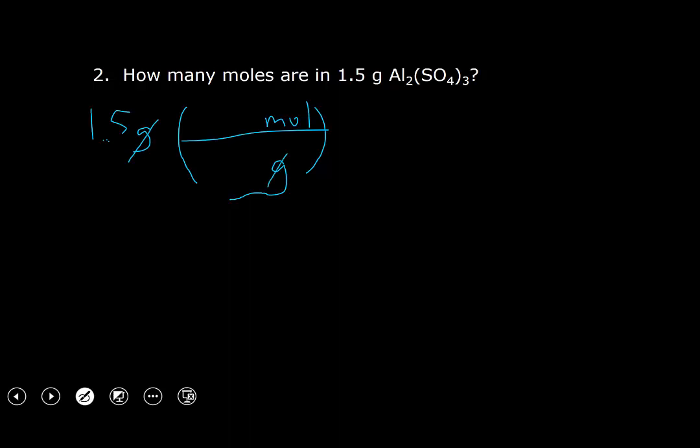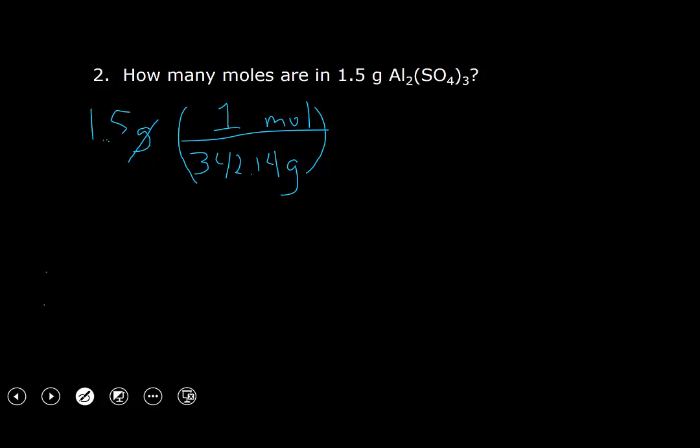Grams per mole, we're going to use our units to help us decide what numbers to put here. So we have grams per mole, that's molar mass. We've already figured out what the molar mass of aluminum sulfate is, and it is 342.14 for every 1 mole.